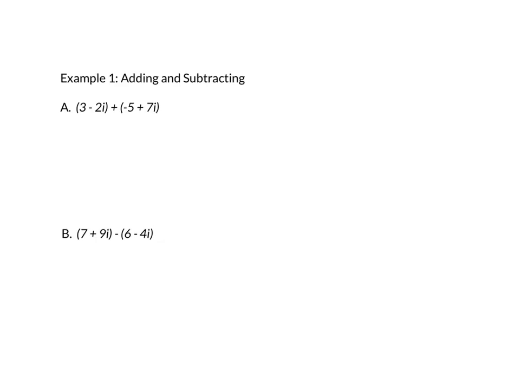All right, our first example we're adding here. So we have 3 minus 2i plus negative 5 plus 7i. So we're combining like terms here. I'm going to group them together. So what we're doing is 3 plus negative 5, plus negative 2i plus 7i.